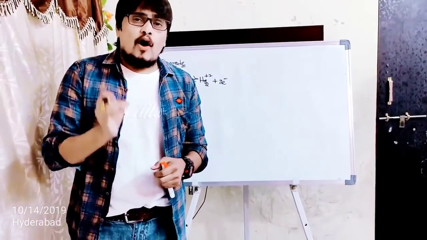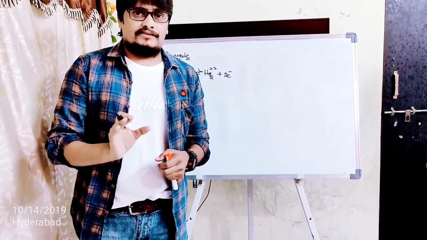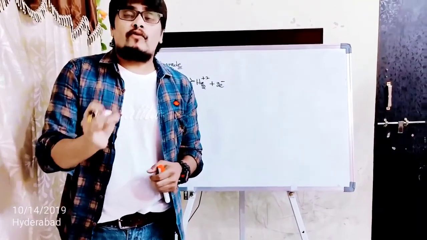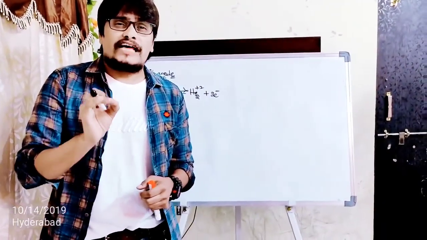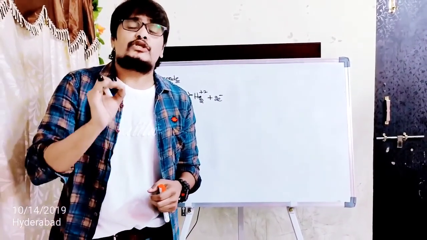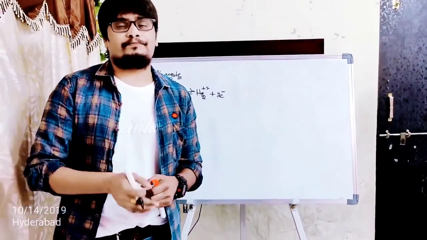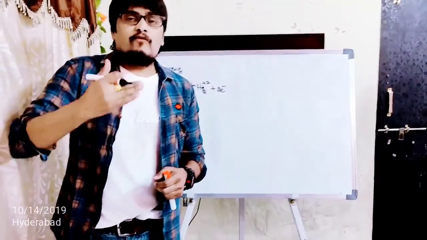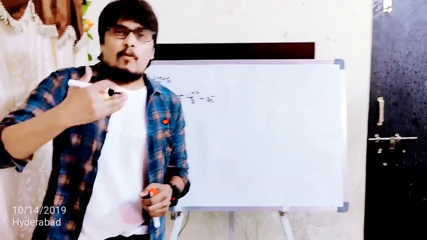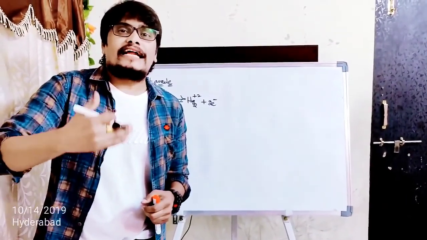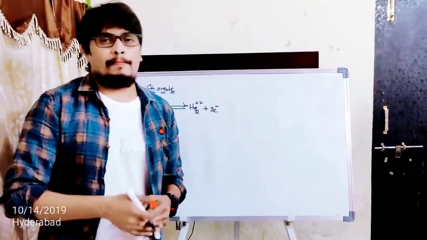The cation or anion, whatever it is, won't want to be in the ionic form, because the ionic form of any species is not stable in nature. So it wants to be converted into the molecule form. Once it is converted into the molecule form, it will attain stability.